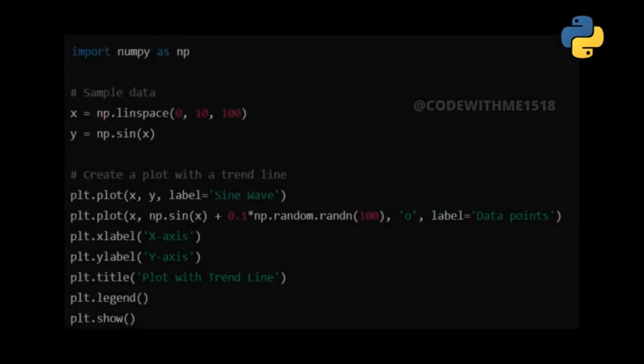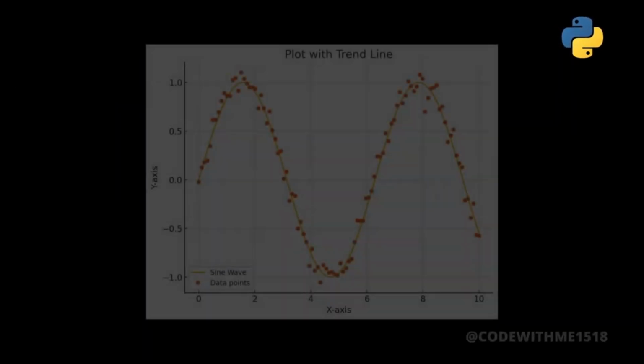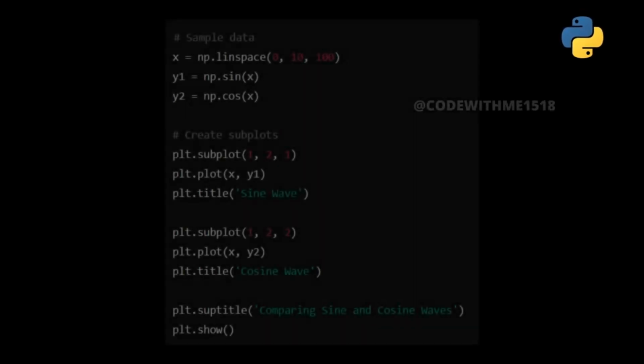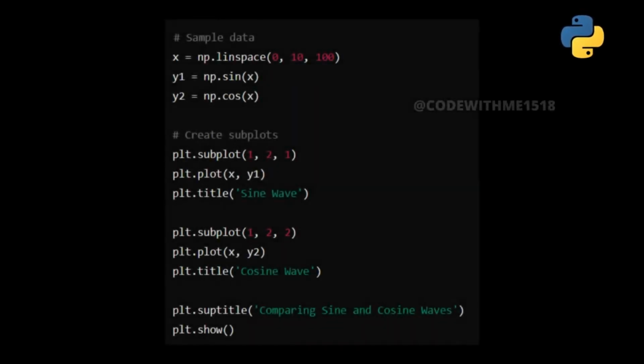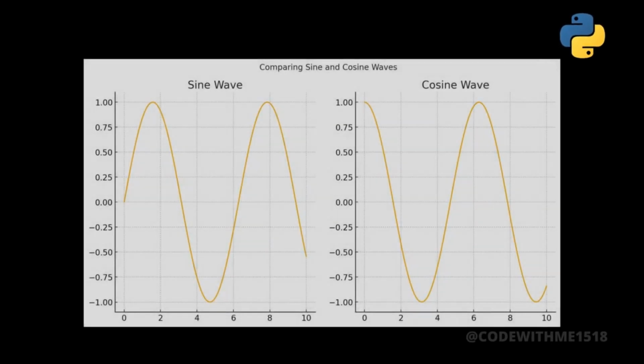In this example, we plot a sine wave and a data point with a slight noise to visualize the trend. You can also use subplots to compare multiple charts side by side. Subplots are great for comparing different datasets and visualizing complex data relationships.